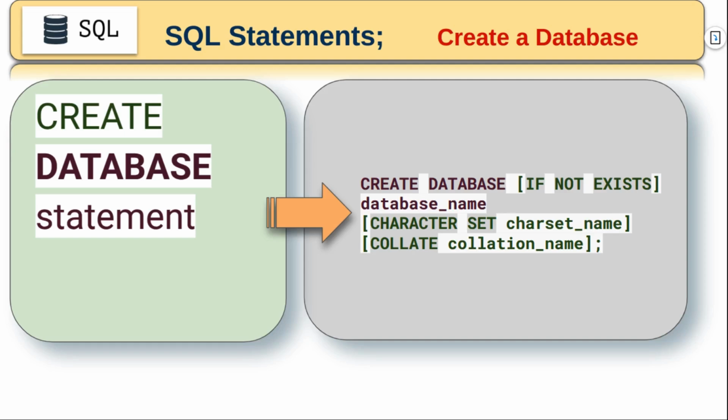The database name should be unique within a MySQL server. If you attempt to create a database with an existing name, MySQL will issue an error, that means it will show an error.